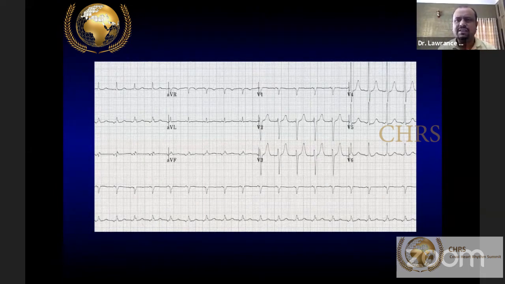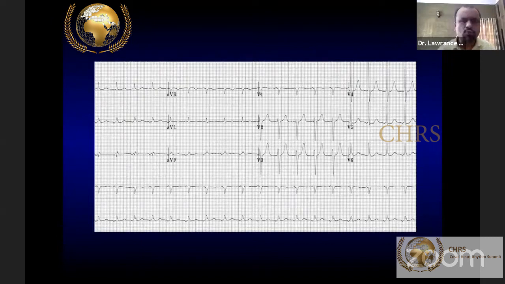But here, what you are seeing is negative P waves, because this tachycardia is coming from the lower part of the right atrium. So because they are coming from the lower part of the right atrium, your inferior leads are recording a negative P wave. So you have an atrial tachycardia here. Although it's not very fast, you have an atrial tachycardia running at a rate of 100 to 120 beats per minute, and most probably it's coming from the lower part of the right atrium. So you have an atrial tachycardia here.